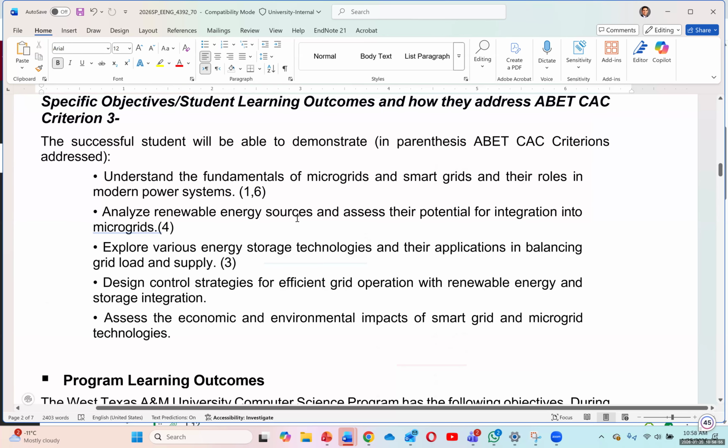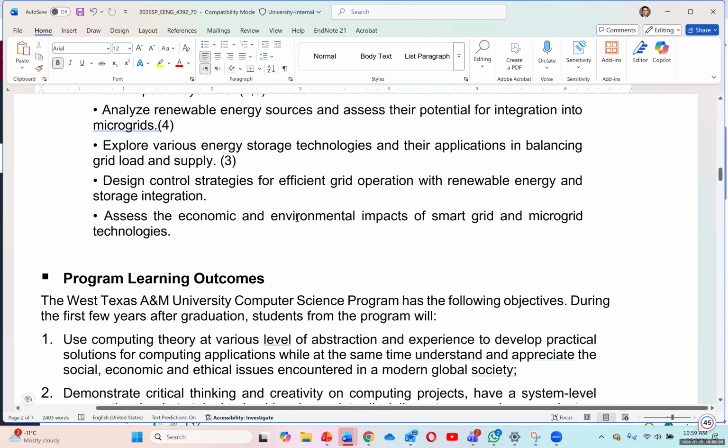Now, for this specific course, the course objectives are to understand the fundamentals of microgrids and smart grids and their role in modern power systems; analyze renewable energy sources and assess their potential for integration into microgrids; explore various energy storage technologies and their applications in balancing grid load and supply; design control strategies for efficient grid operation with renewable energy and storage integration; and assess the economic and environmental impact of smart grid and microgrid technologies as well.